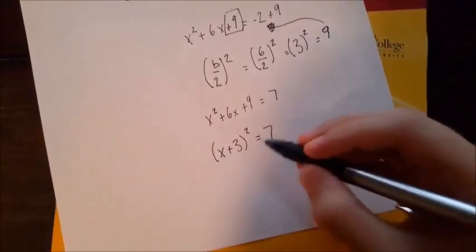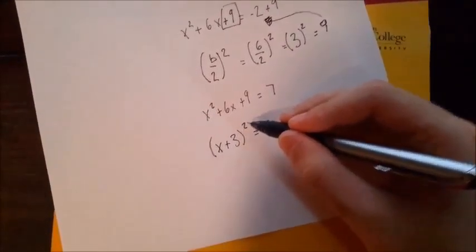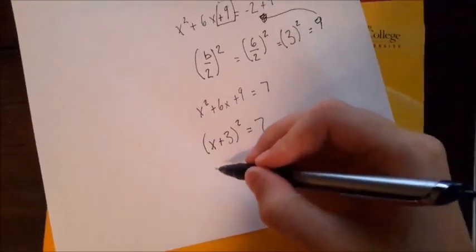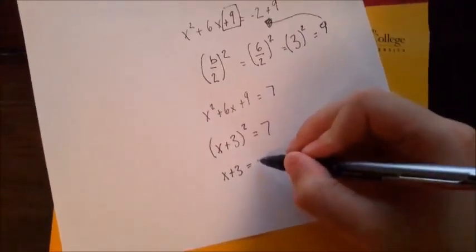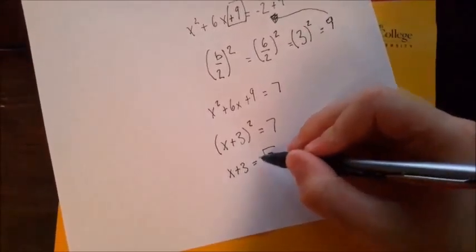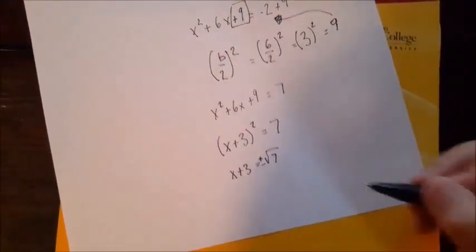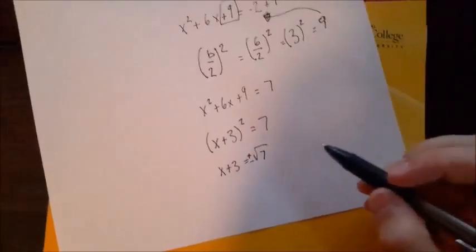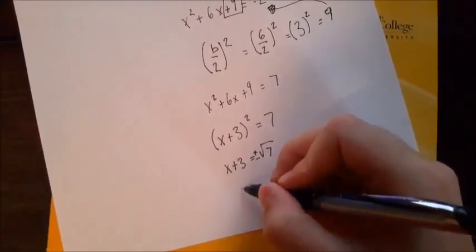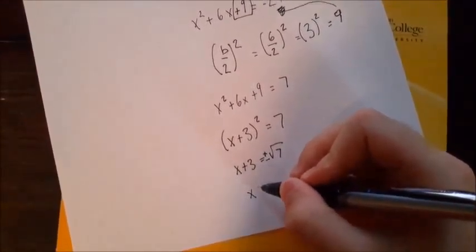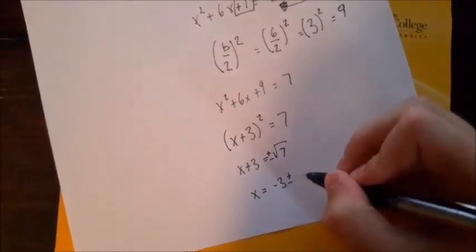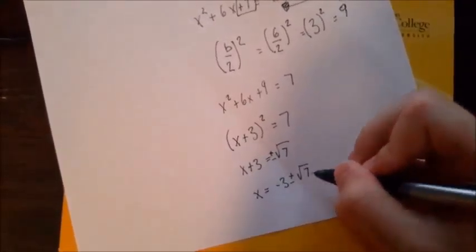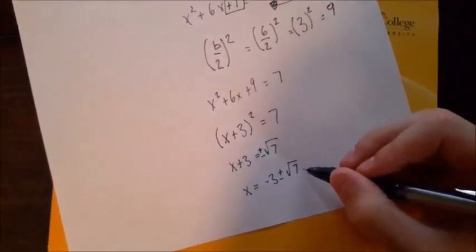Thus, what we need to do is square root both sides, my apologies, and we get x plus 3 equals the square root of 7, positive or negative, because it is a square root. Finally, what we need to do is we need to get x by itself. Thus, we subtract 3 to the other side, and we get -3 plus or minus the square root of 7.